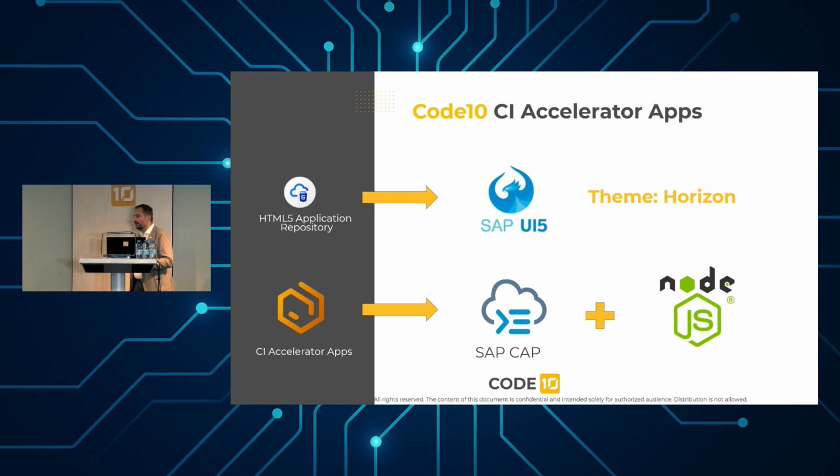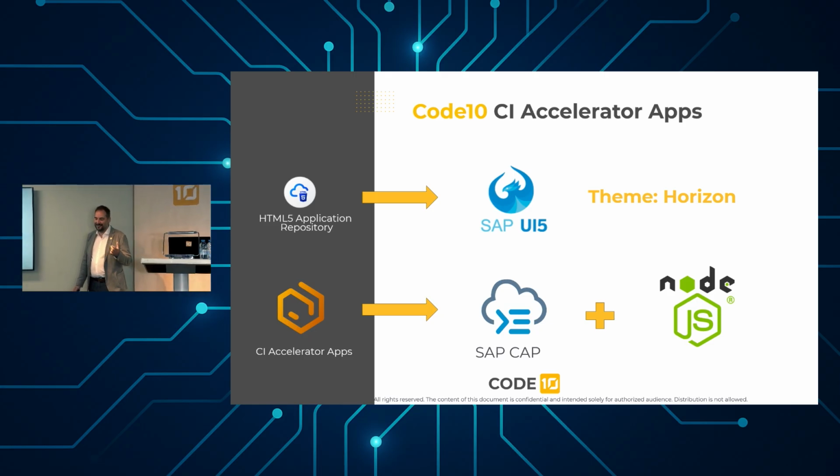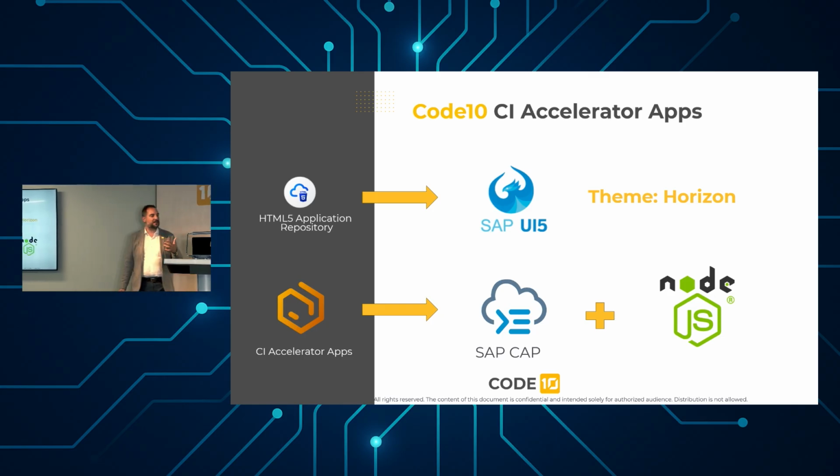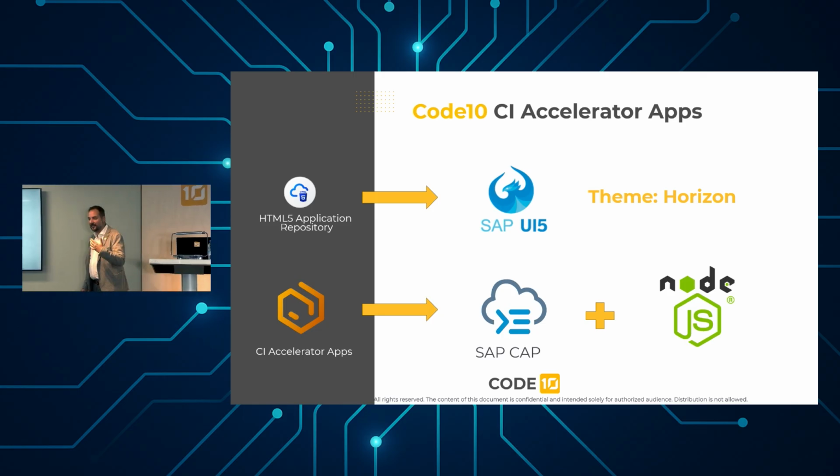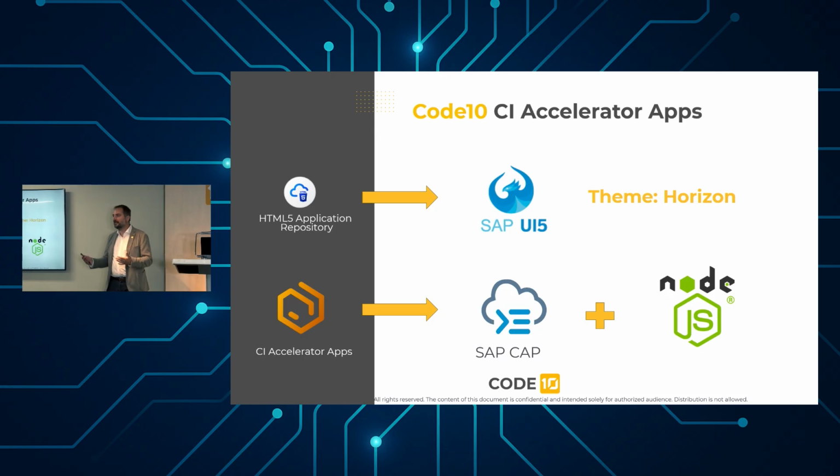So we use SAP UI5 for the front end. We use the Horizon theme. I know that maybe you believe that is not true, but we implemented the Horizon theme before Integration Suite changed to the Horizon theme. And please, Luis, say that this is true. So we were laughing a lot because we really hit the point that we have the same theme as Integration Suite.